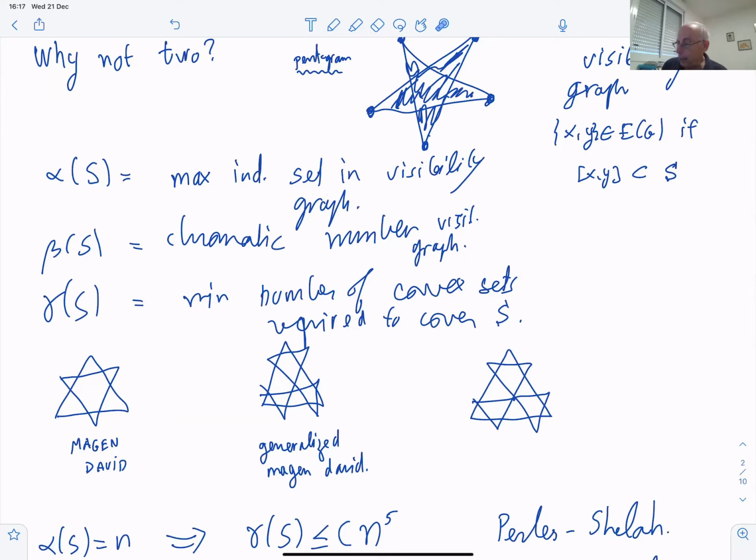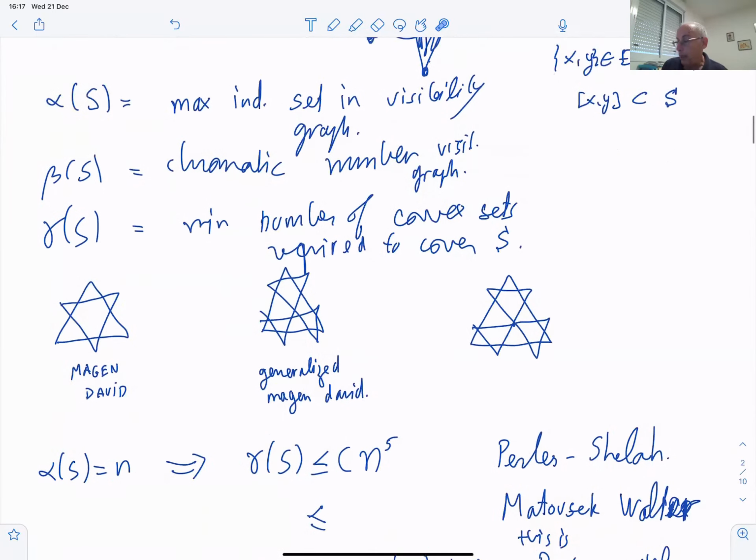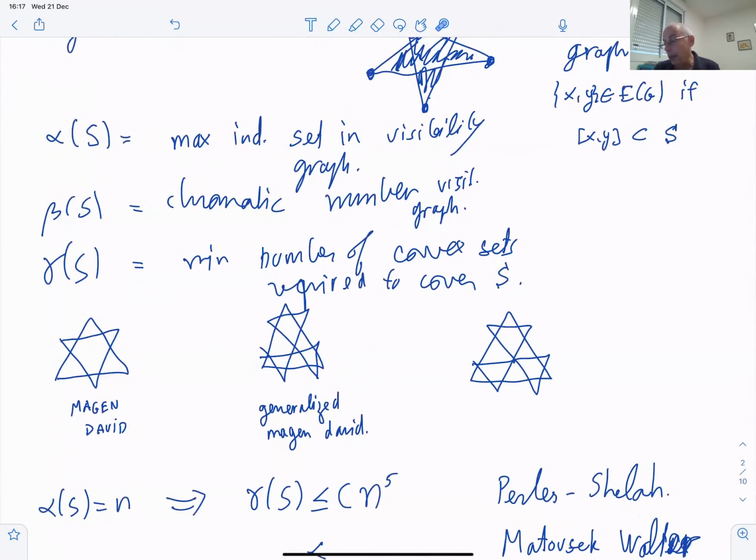And there was a question. I think Brin and McKay proved that if the maximum independent set is n, then there is a finite number, depending on n, of convex sets required to cover S, for a compact convex set in the plane.